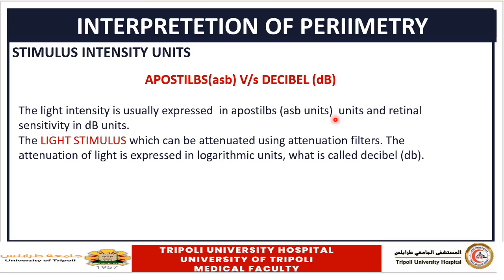For example, one log unit of attenuation corresponds to 10 decibels of attenuation of the light stimulus. So by variation of these filters, there will be variations in the light stimulus intensity. Similarly, in Octopus, the maximum stimulus intensity is around 4,000 apostilbs. We will see in the next slide how the logarithmic attenuation of the light intensity takes place and its corresponding decibel filters.